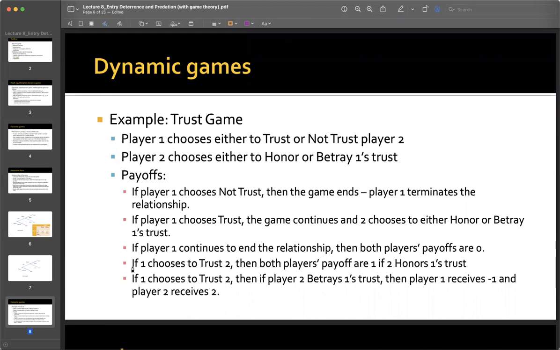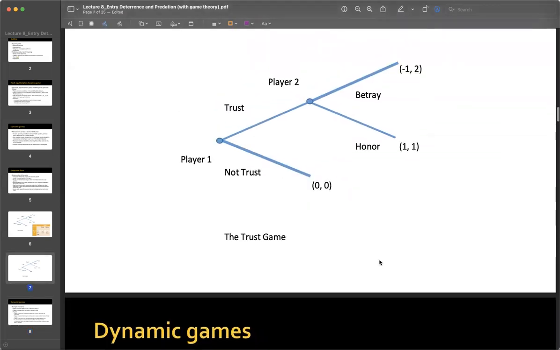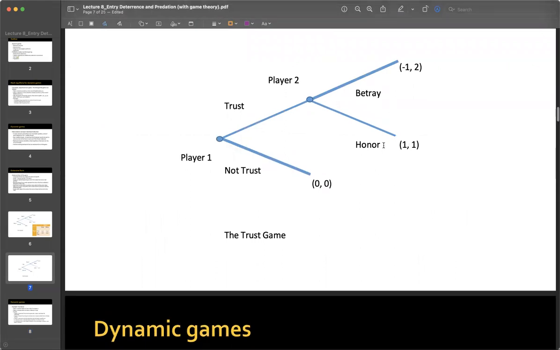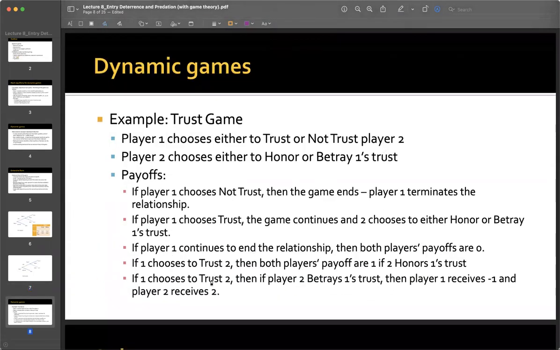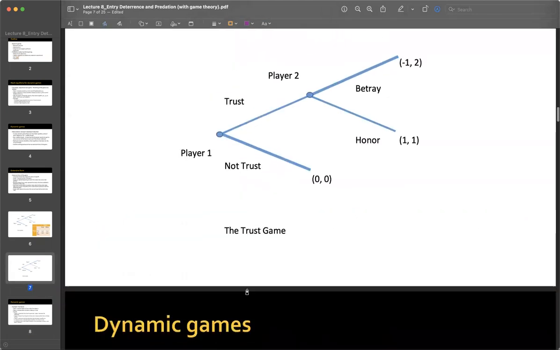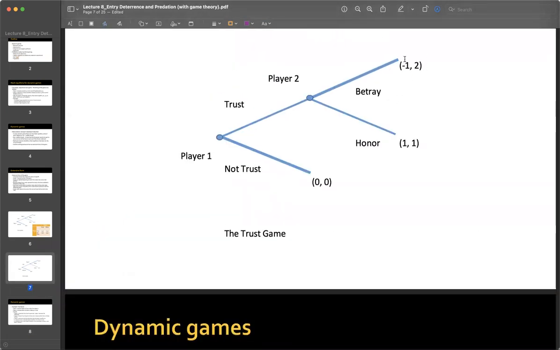So if 1 chooses to trust and then 2 honors that trust, we're here. If 1 chooses to trust and player 2 betrays, then player 1 receives a -1 and player 2 receives a 2. This one.